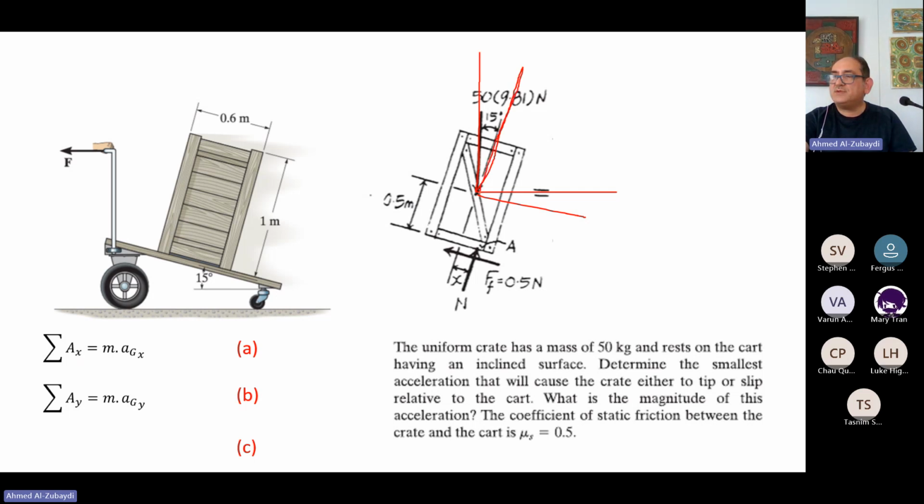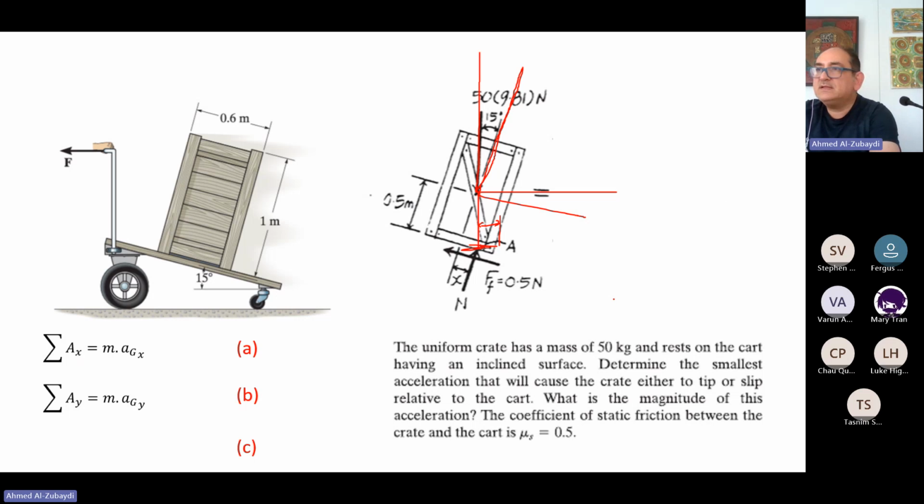Once again, it's going to depend on how you want to do it. Because for example, at the point where we're going to calculate the moment, the weight is going to be acting on this small distance here. So maybe this will be something that may confuse you in the calculation.